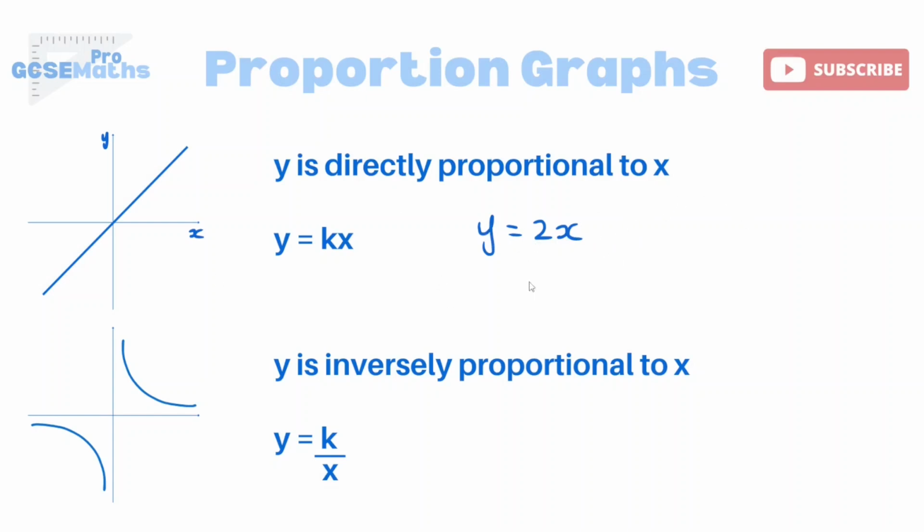Linear graphs are straight line graphs, aren't they? Straight line graphs are normally in the format of y equals mx plus c. Now, technically in this case, the plus c is just 0, which is fine. You can have that. It might not have a plus c technically. And the k is therefore the gradient of the line, isn't it? Anyway, so the point is, if it says y is directly proportional to x, and you remember that the formula for that is y equals kx, just think, well, what kind of graph is that actually?